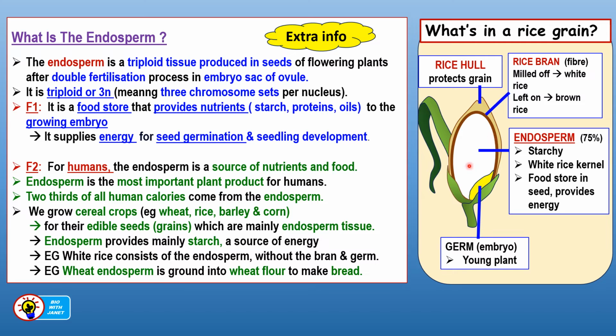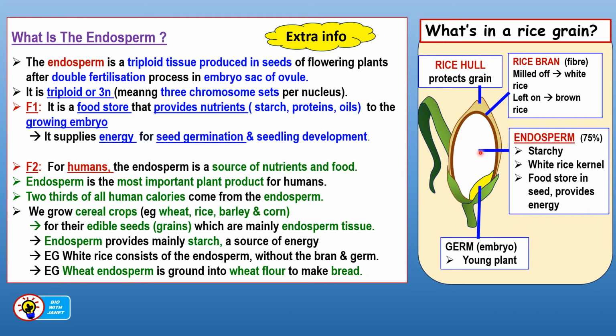Then the white part here is the endosperm. So the white rice is actually made up of mostly the endosperm, which forms 75% of the seed. And the endosperm is starchy, okay, it's sometimes called the white rice kernel. So it's the food stored in the seed.